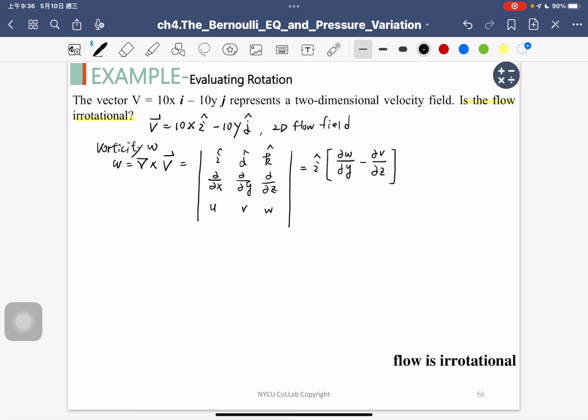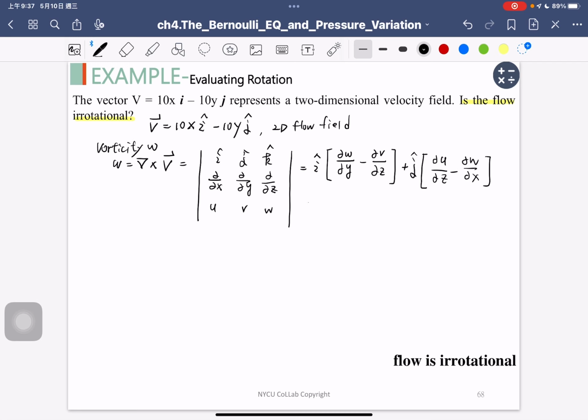For the j direction, we compute du/dz minus dw/dx.